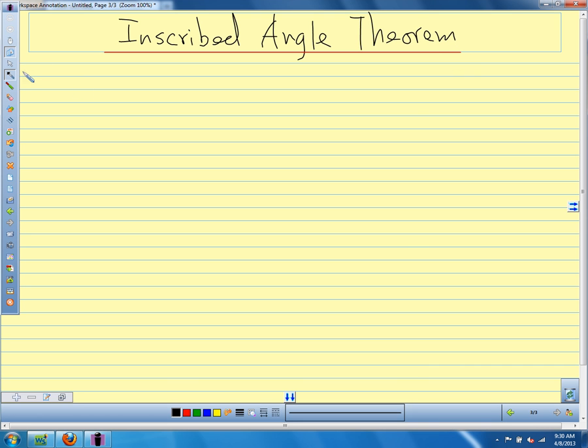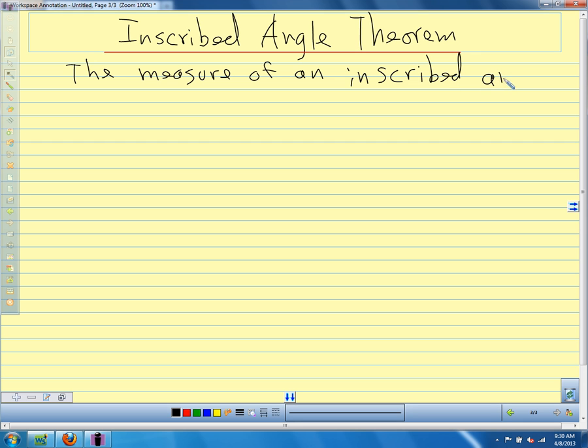The inscribed angle theorem says the measure of an inscribed angle is half the measure of the intercepted arc.